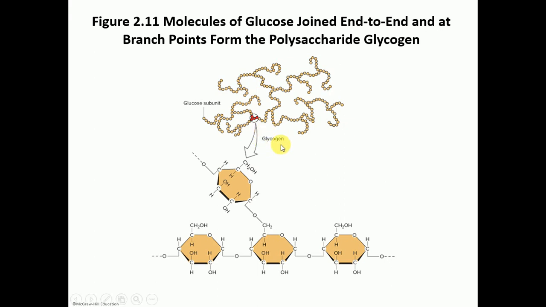So again, glycogen is how we store glucose, and we store that in the liver or in the skeletal muscles. And you'll see here that it's made out of these units of glucose. So this ring right here is one glucose unit, and this is another, and they're attached to each other to make that glycogen storage molecule.